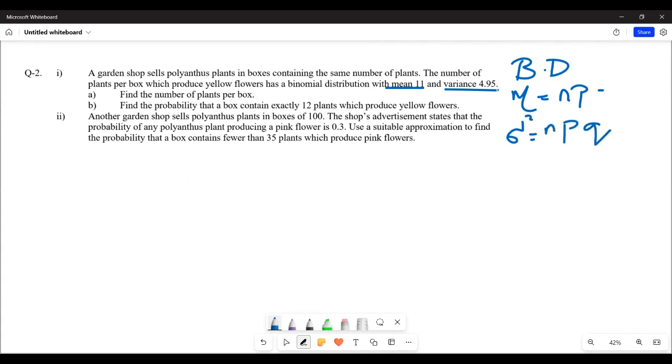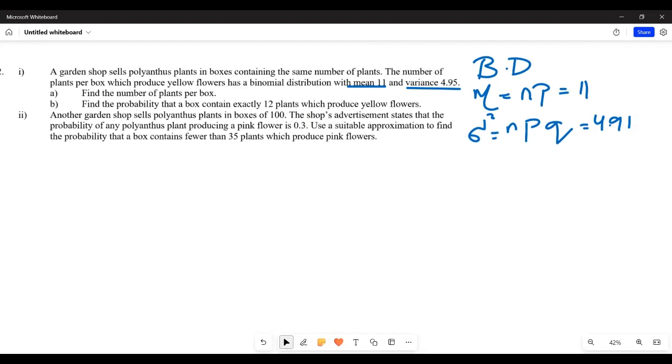So this is equal to 11 and this is equal to 4.95. Notice you can replace this with 11, so you get 11 times Q equals 4.95. So Q comes out to be 0.45.